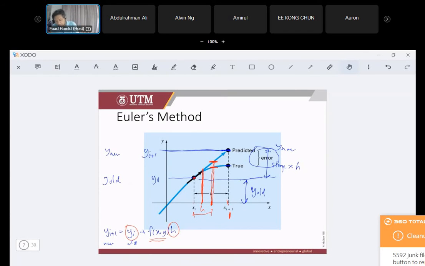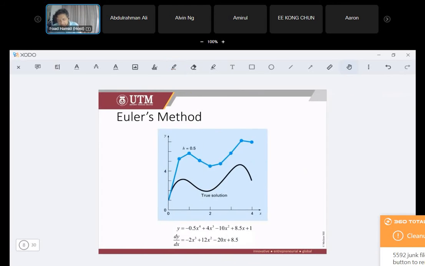Okay, so improving approximation. One is to reduce h. And if you look at the next slide, you can see that this is the original equation, and this is the ODE.